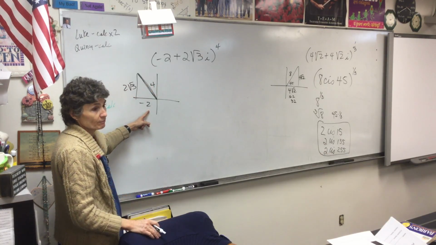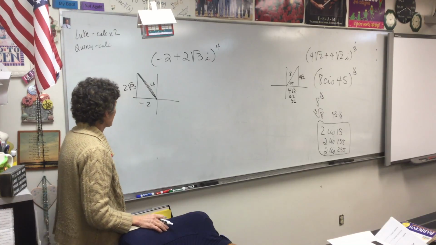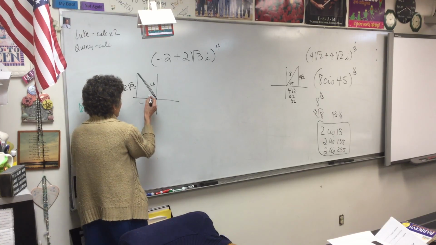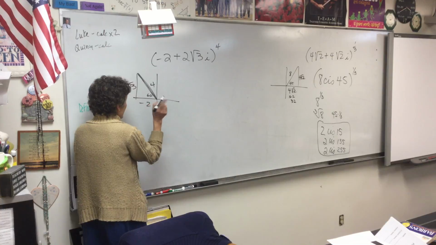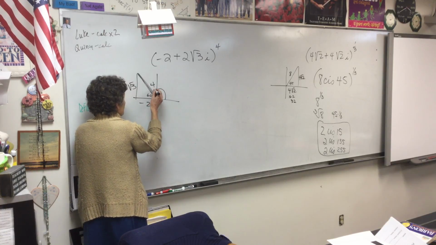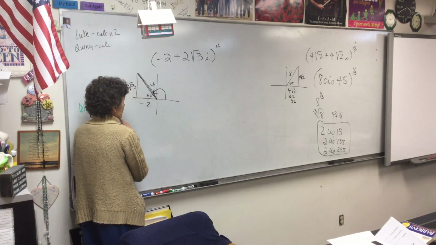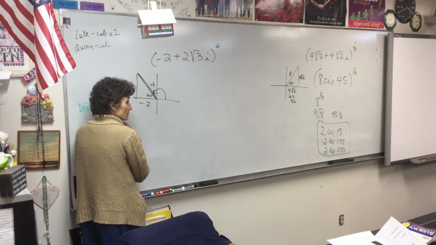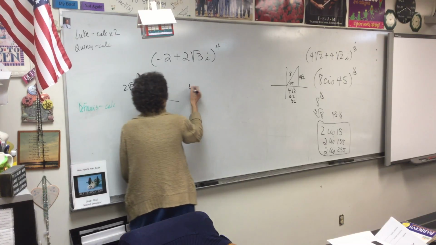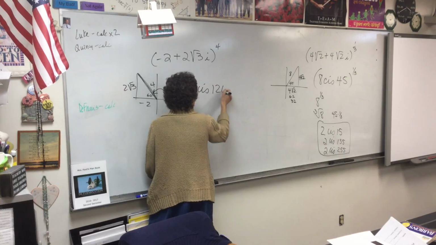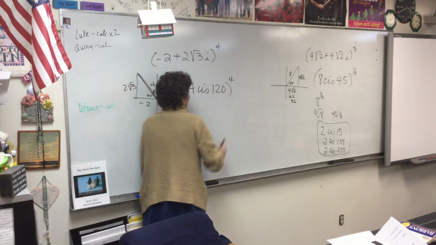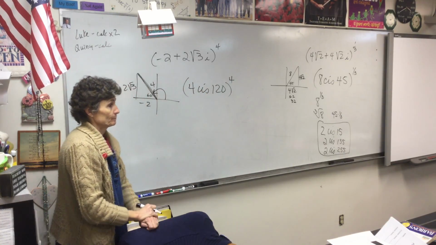If you square that, you get 4. 12 and 4 is 16. The square root of 16 is 4. How big is this angle? 60. Be careful. The angle you want is 120. So 4 cis 120 is your number.